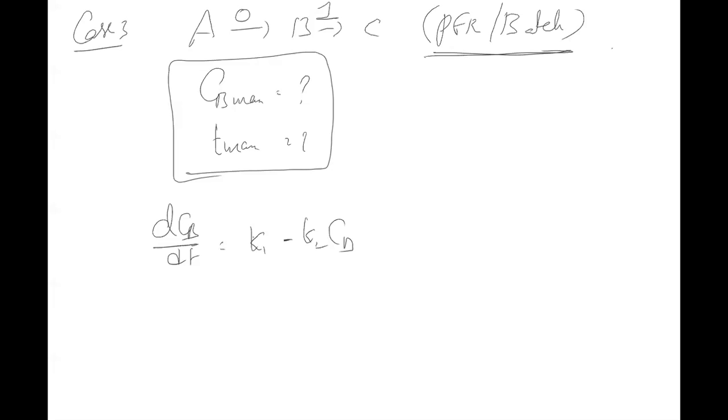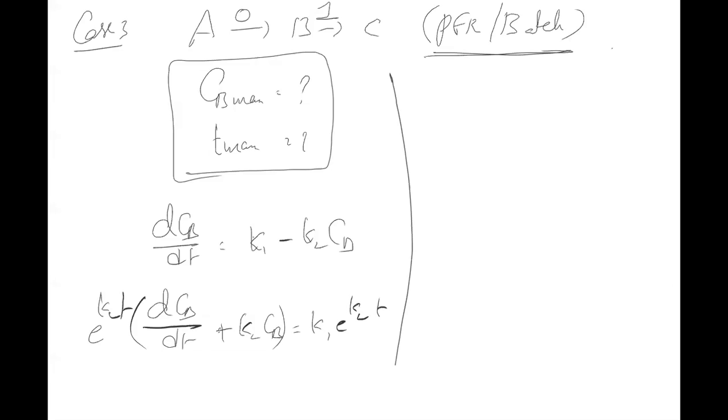There is no CA here. So dCB by dt plus K2CB equal to K1. What is the integrating factor? e power K2t, e power K2t on both sides. So what do you get from here? d of CB into e power K2t by dt equal to K1 into e power K2t.